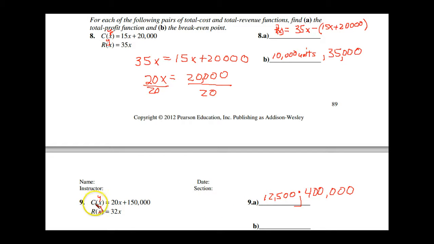Again, C is our cost. This is our fixed cost. This is our variable cost. And then this is the revenue that we take in, $32 for each item we sell.